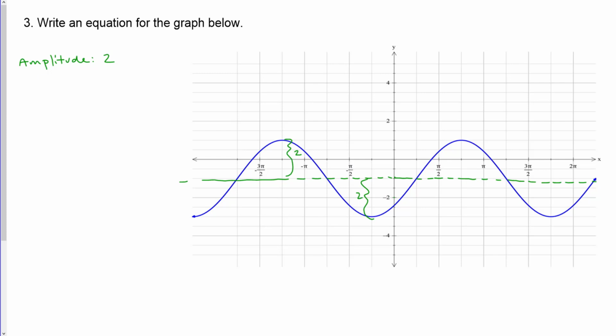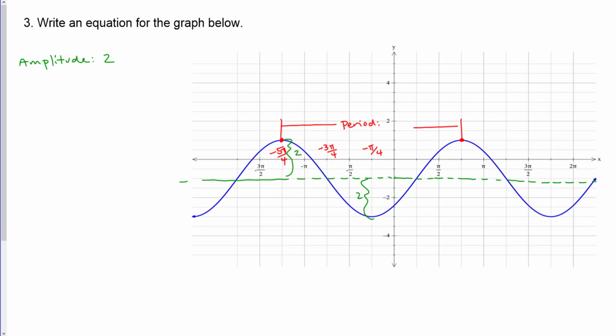Okay, the period. So the period is going to be the distance between two maximums or two minimums. So in this case, let's find out where that point is. So this would be -π/4, so this would be -3π/4 and -5π/4.